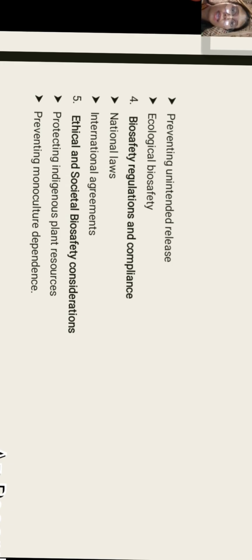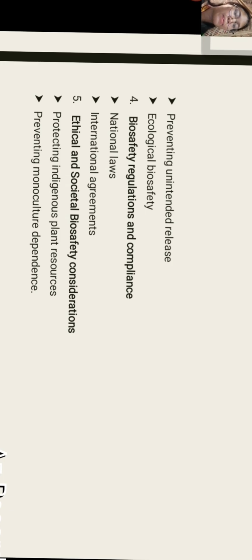Under ethical and societal biosafety considerations, the first is protecting indigenous plant resources. This means preserving local and traditional plant varieties so they are not lost or misused.